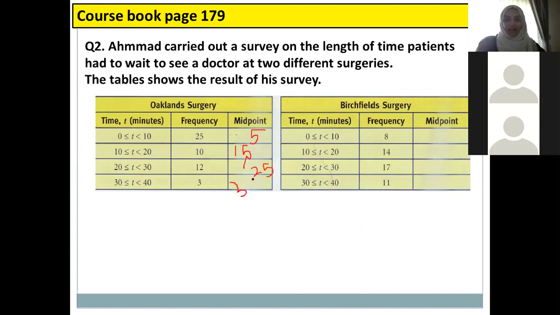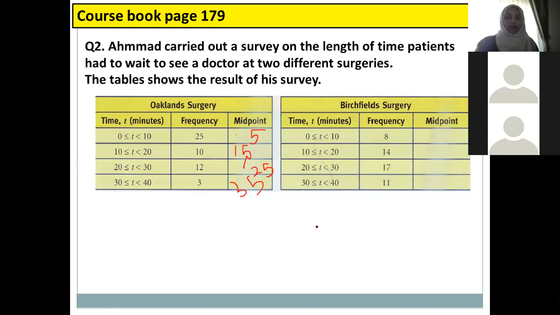Yes, that is 35. So it's 5, 15, 25, and 35, and the same goes for the midpoints in the second, Pitchfield surgery. Thank you, Selena, and excuse my handwriting. It's very hard to write with a mouse, by the way.